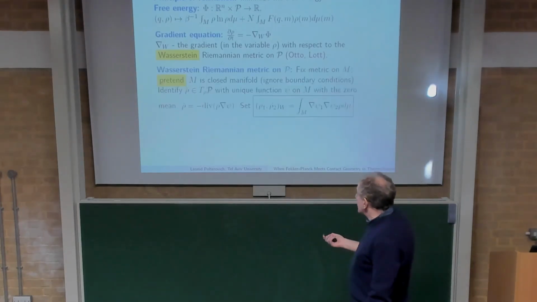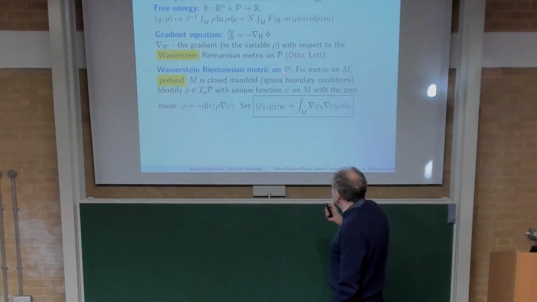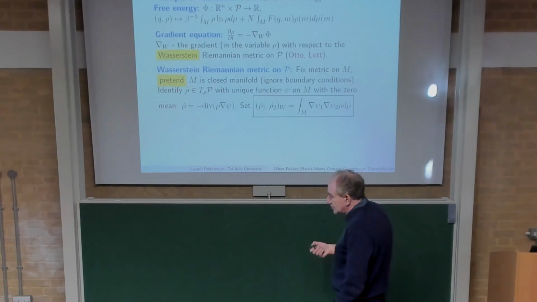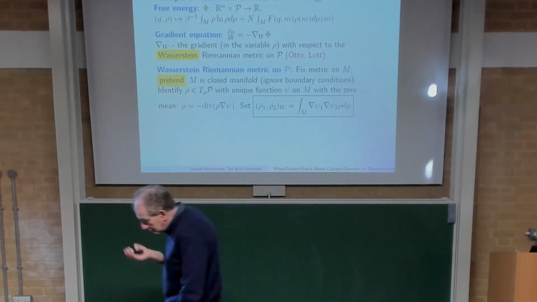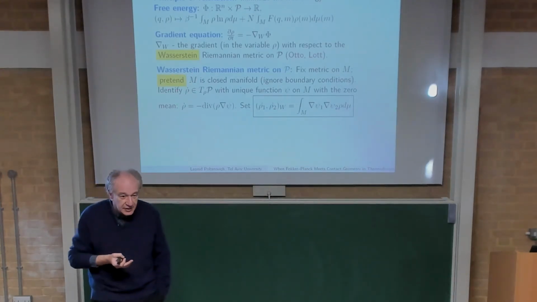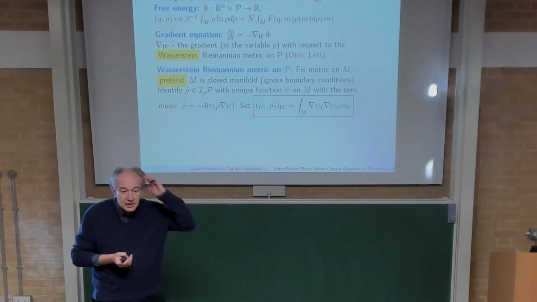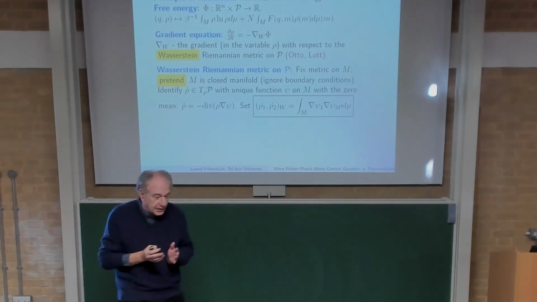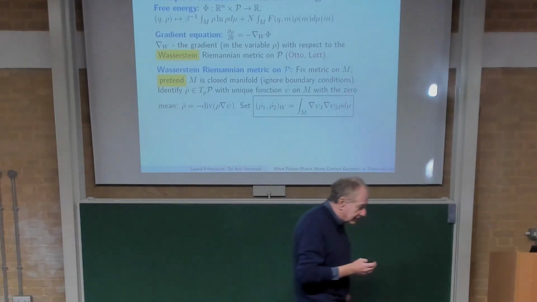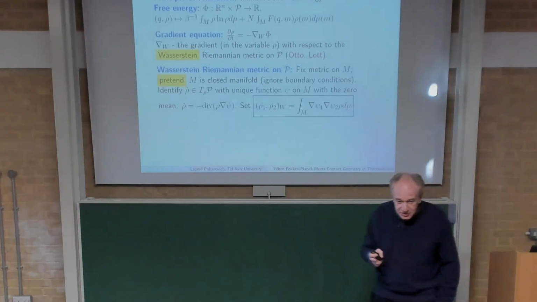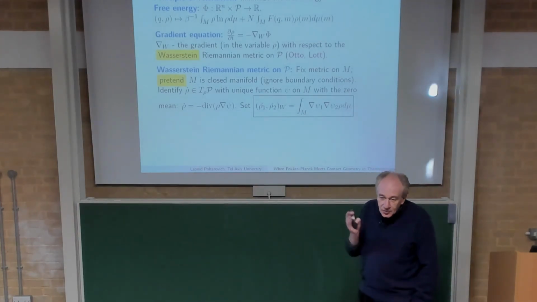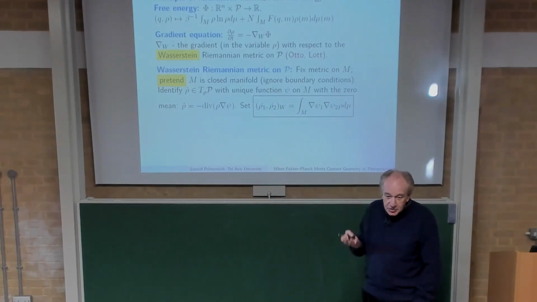So what is the Wasserstein Riemannian metric? So look. Let's do the following thing. Here indeed some PDEs enter the play. And they enter the play in an unpleasant way, okay? Unpleasant meaning that there are some boundary conditions, and there is also some not very nice behavior of the Hamiltonian near the boundary.